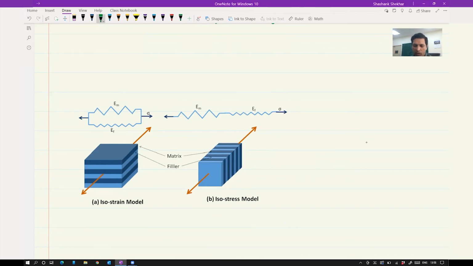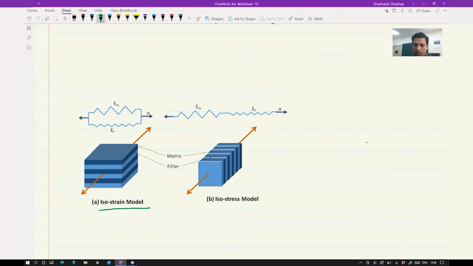It is just for the sake of simplicity that it has been drawn like this. What it is trying to show is that when you apply a load in this fashion, the strain in both the matrix and the reinforcement would be the same, which is written as the iso-strain model.